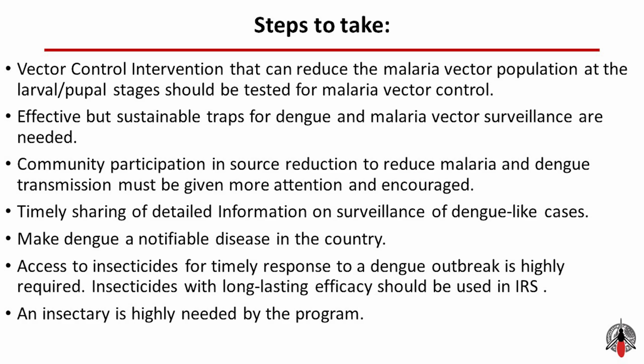But when they bought for us the one we used last year, Bendiocarb, they only bought the one that has an efficacy of 3 months. So probably that might be one cause of the cases increasing after we did the IRS. It doesn't last very long when we implemented it last year.